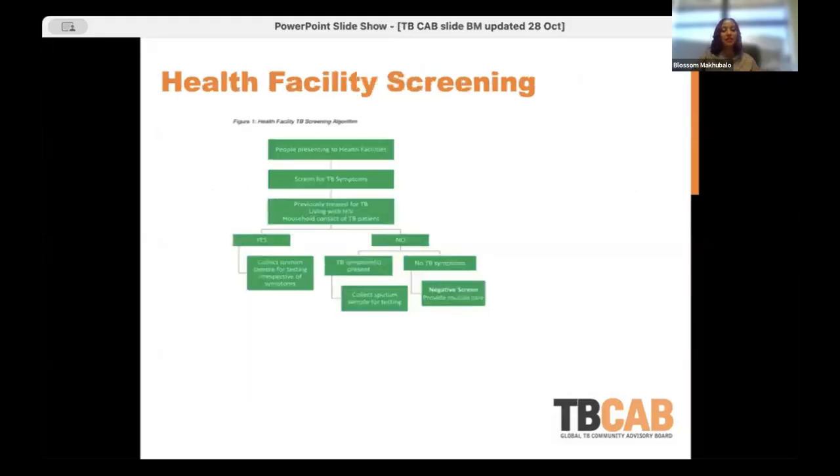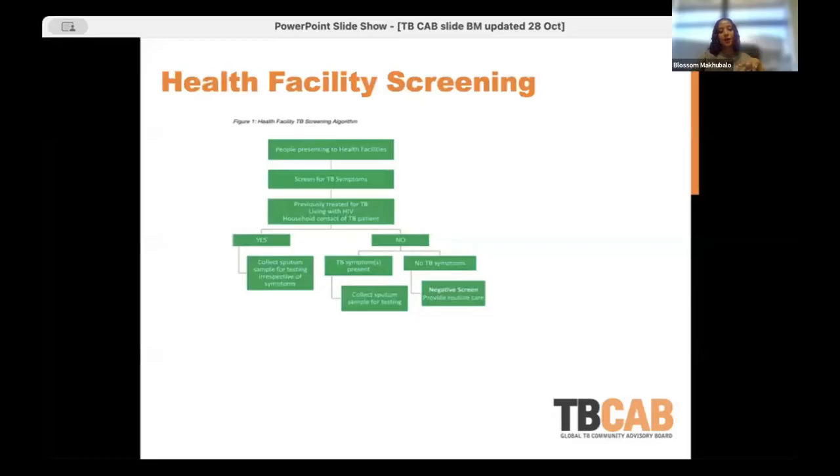And then this is just the health facility screening algorithm, where you present at the facility and you get screened for TB symptoms. If you have a previous TB disease, or you have someone in your household with TB, or you're living with HIV, it will then be a yes, and a sputum is collected.